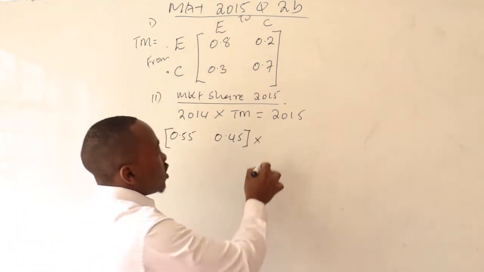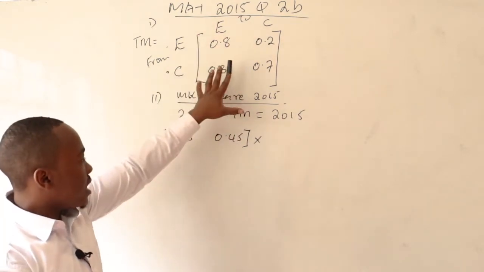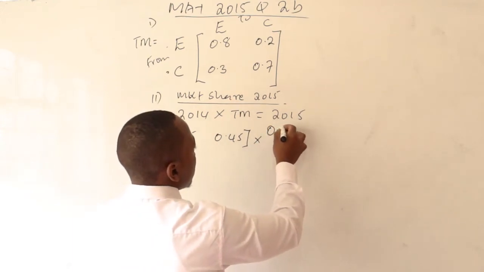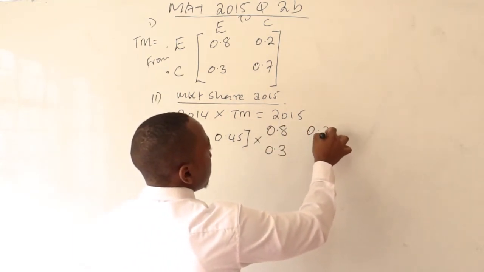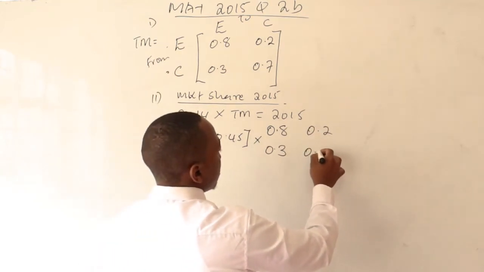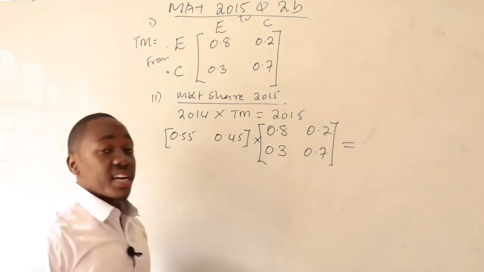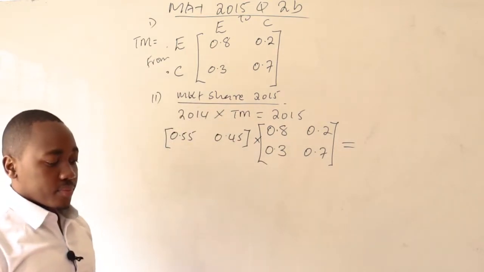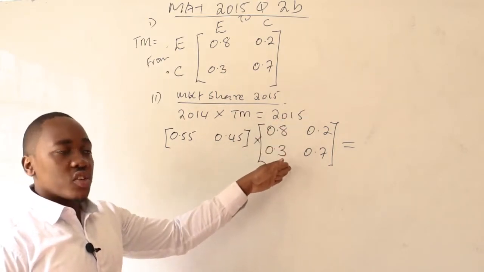Then you multiply by the transition matrix. The transition matrix does not change; it's what we have developed here: 0.8, 0.3, 0.2, 0.7. Using the rule, you take first row, first column.